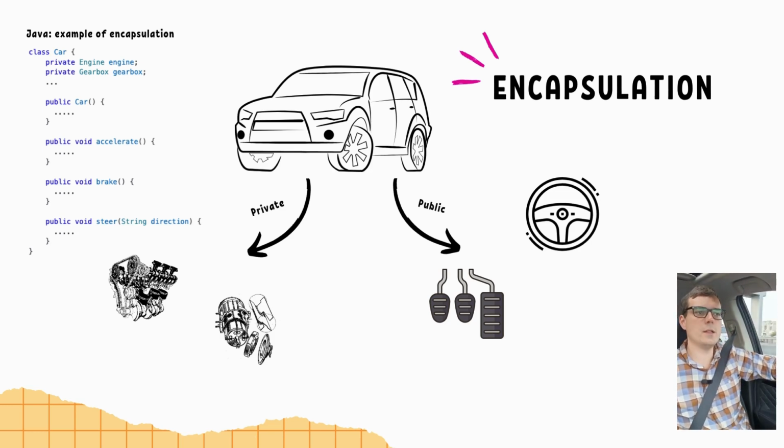In a car, we have an engine, a gearbox, and all of the mechanical parts of a car, and they are hidden from you as a driver. As a driver, you operate with a steering wheel, with an accelerator, and other things that are publicly available for you. In object-oriented languages, this is usually achieved by public, private, or protected keywords.